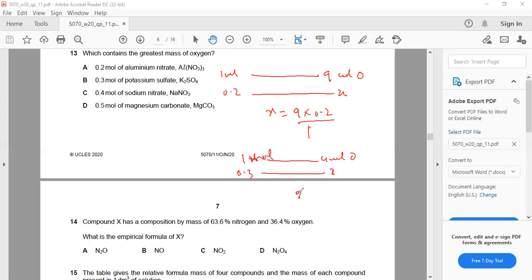So x is equal to 4 into 0.3 divided by 1. That's another way. But learn how to use fractions for these comparison questions. Okay, you can do it this way also. So you will get the answer A.